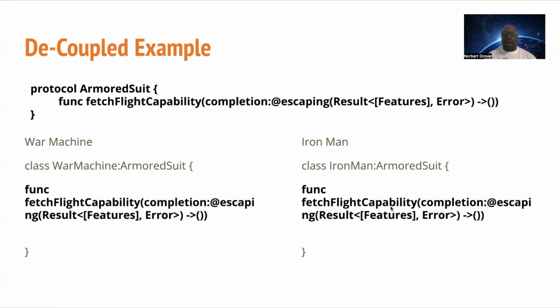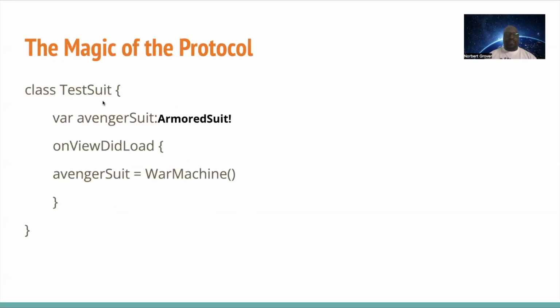But you can swap out different features. In this case, it's Iron Man. In this case, it's War Machine. But you're not affecting the other aspects of the class, right? And here's another example where you swap it out. You have your class.